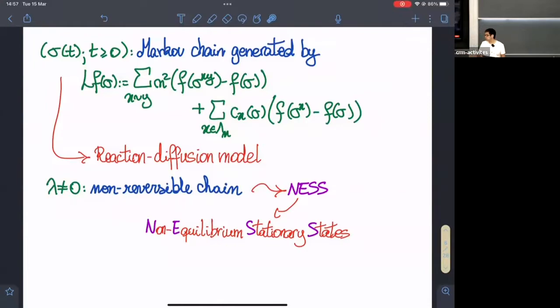It's pretty natural because most chains don't have explicit invariant measures, especially if they are non-reversible. But you can check that the invariant measure is non-reversible. That's what we call a non-equilibrium stationary state. So this reaction-diffusion model has a non-equilibrium stationary state.